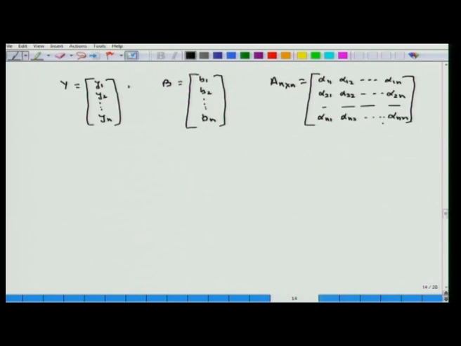This is an n cross n matrix, and therefore the matrix equation can be written as Y equal to B plus lambda A Y.